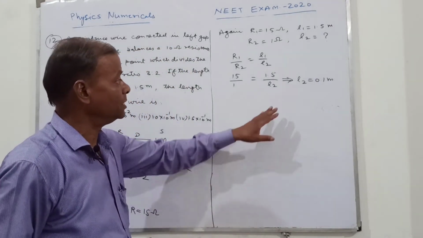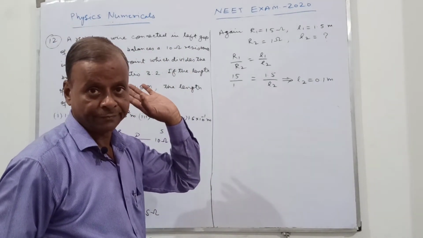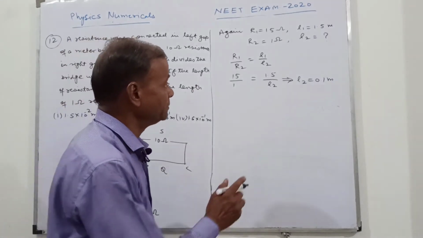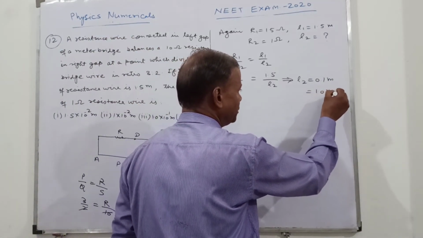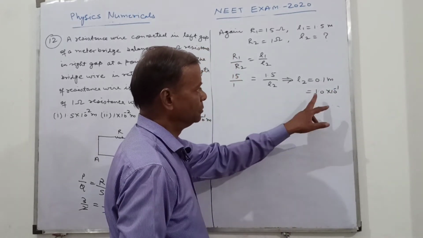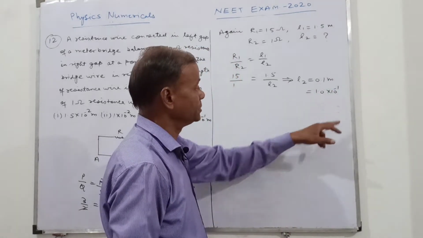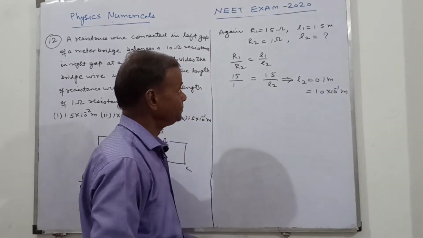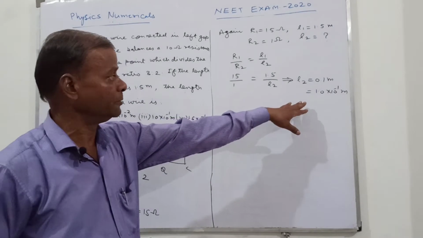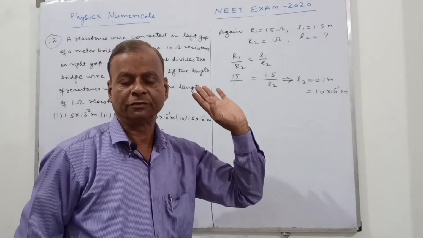But there is no answer like this one. So you have to write the answer as 1.0 into 10 raised to the power minus 1. The length of the wire will be 1.0 into 10 raised to the power minus 1.